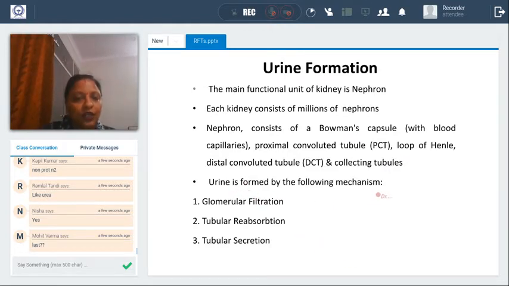Urine is formed by the following mechanisms: glomerular filtration, tubular reabsorption, and lastly, tubular secretion. You have studied this in your previous classes.